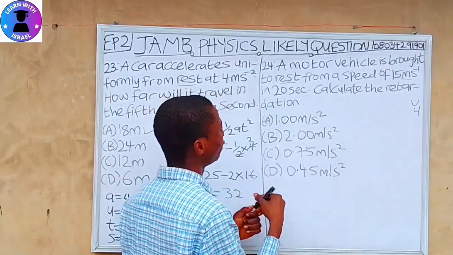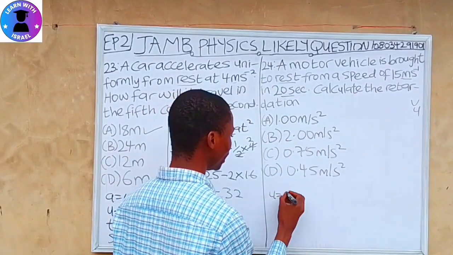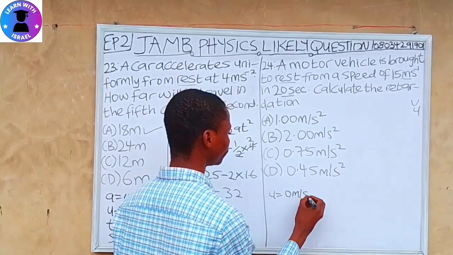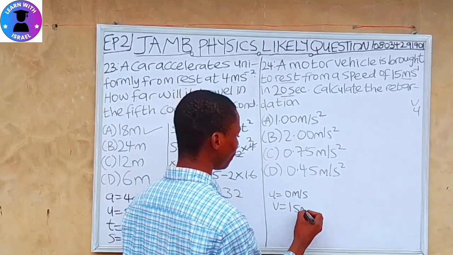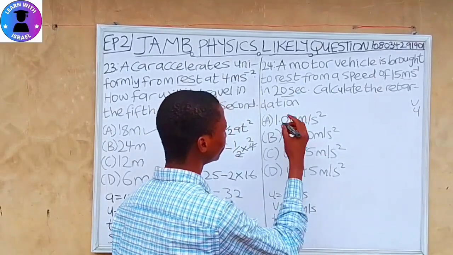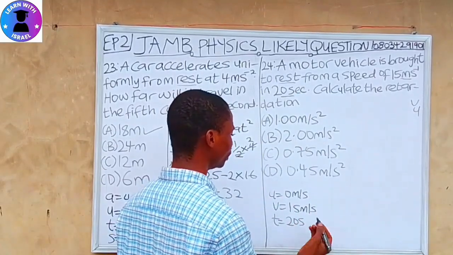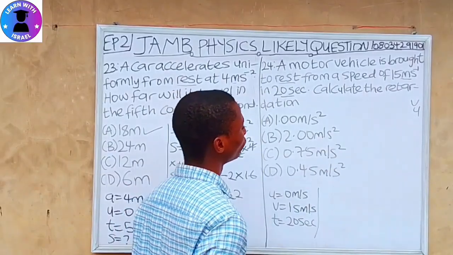So our time is 20 seconds. Let's write out our givens. Our u is 0 meter per second, our v, which is the final velocity, is 15 meter per second, and our t, which is time, is 20 seconds.